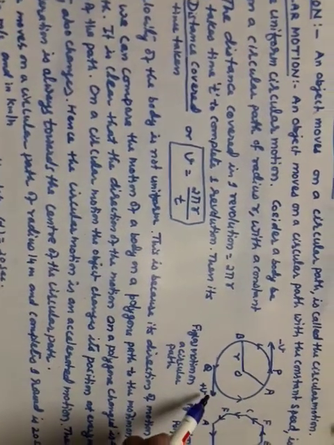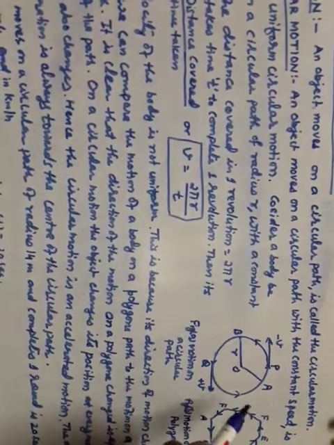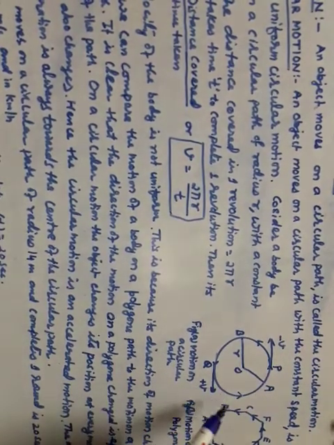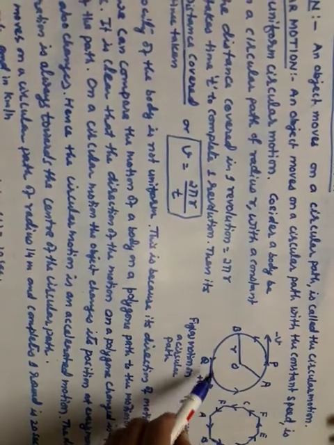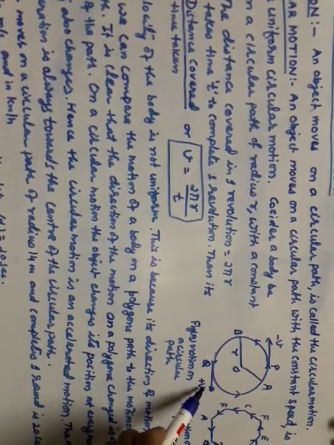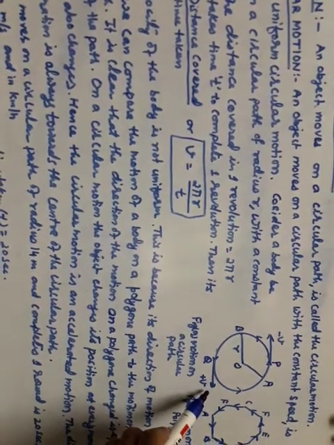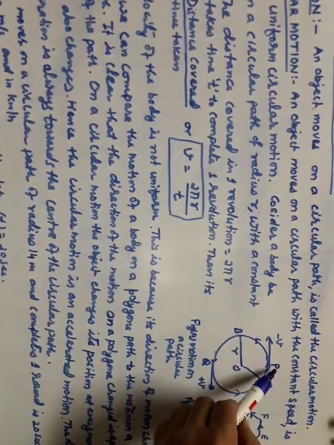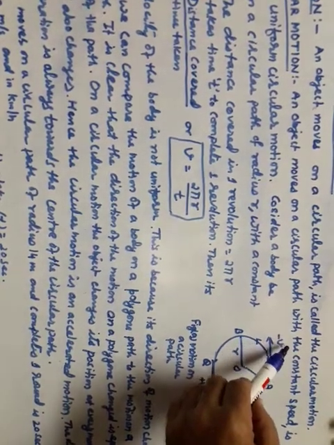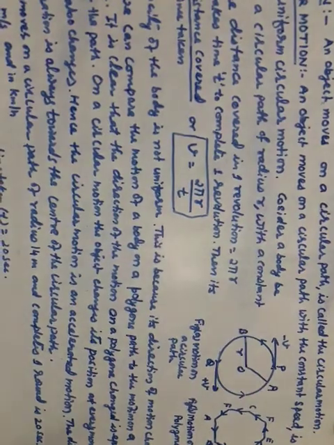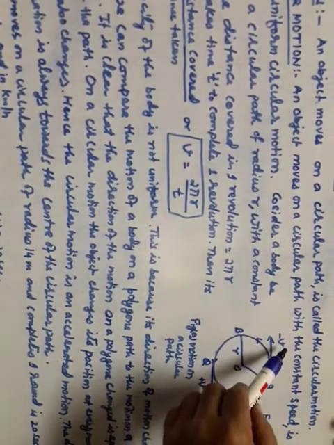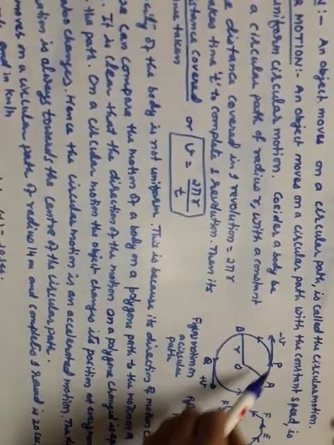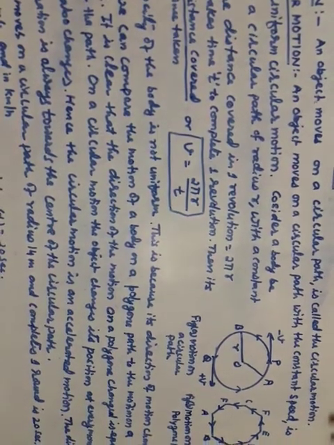Suppose the body is moving with a speed of 5 meter per second on the circular path. Then at Q, its velocity is plus 5 meter per second, and at P, its velocity will be minus 5 meter per second. So there are two different values, showing that the velocity is not the same.